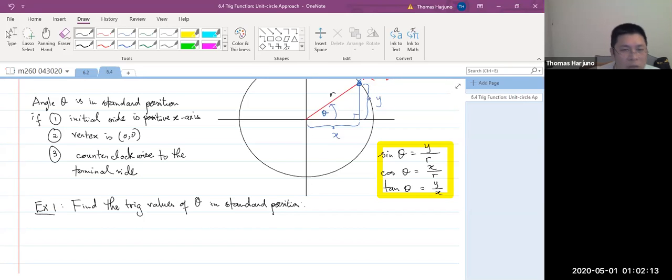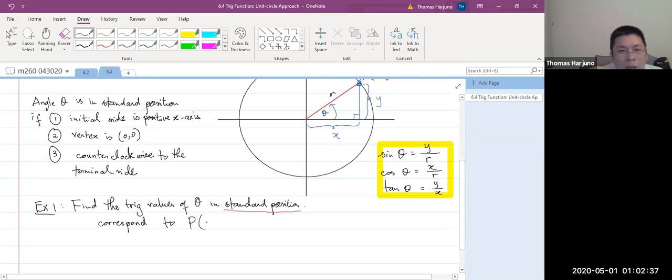If I don't say anything, I just tell you the angle, then it must be in standard position. That's by convention. Now find the trig values of theta in standard position corresponding to, let's say, P(-5, 4).